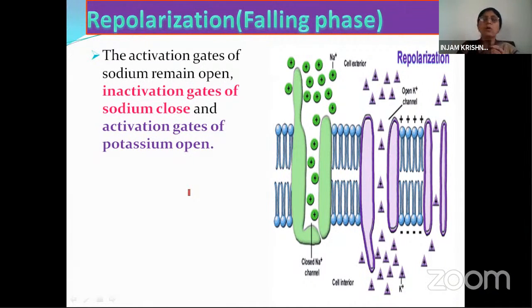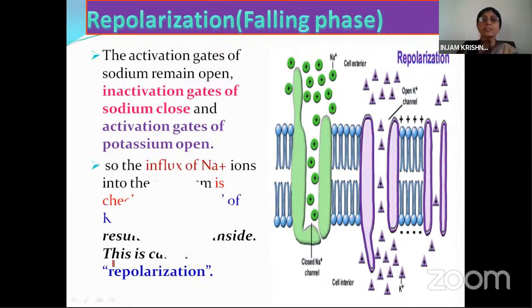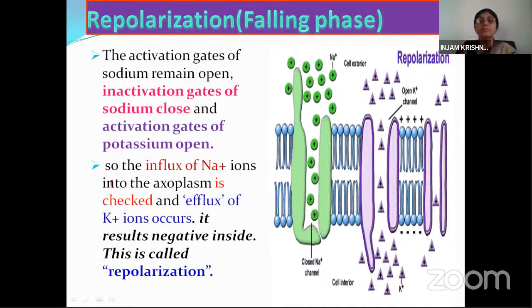So if it is not closed, what will happen? If sodium influx continues, it never stops. It has to be checked at some point of time. How is it checked? It is checked by the potassium voltage gated channels.